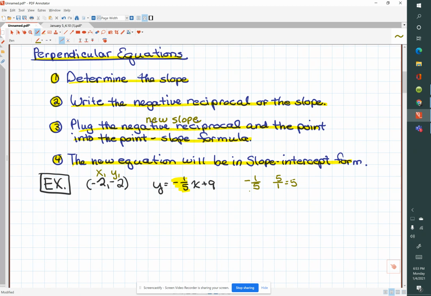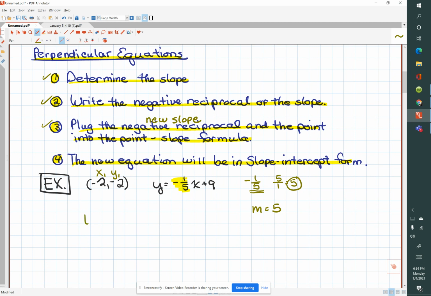So the negative reciprocal of -1/5 is 5. So we're going to go with m equals 5. So next thing we do, so we did step 1. We wrote the negative reciprocal and we came up with a slope of 5. Now we're going to plug the negative reciprocal and the point into the point slope formula.